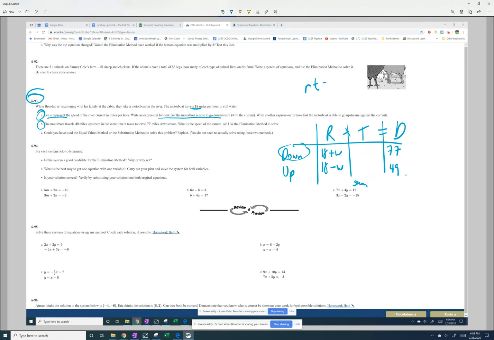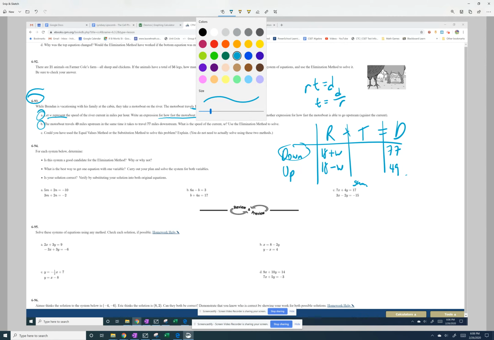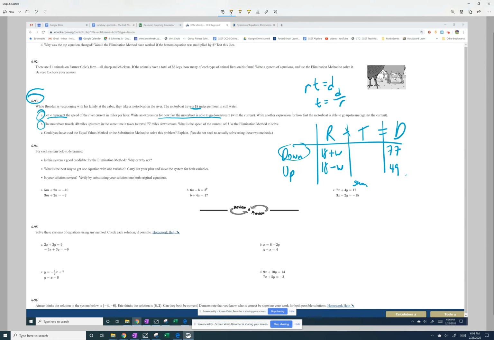If rate times time is distance, I know that the time is the distance divided by the rate. So in this area here, I want to do the time as the distance divided by the rate. And then upstream is the upstream distance divided by the upstream rate.